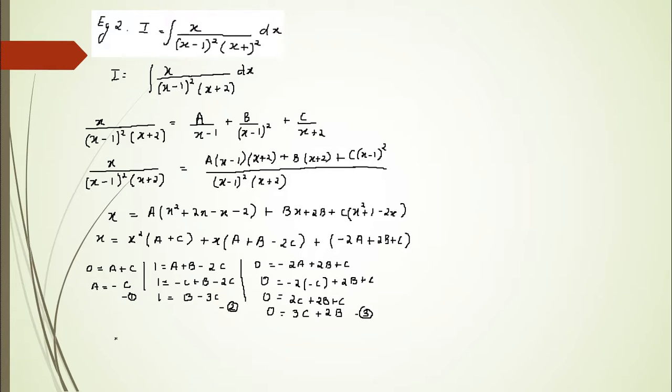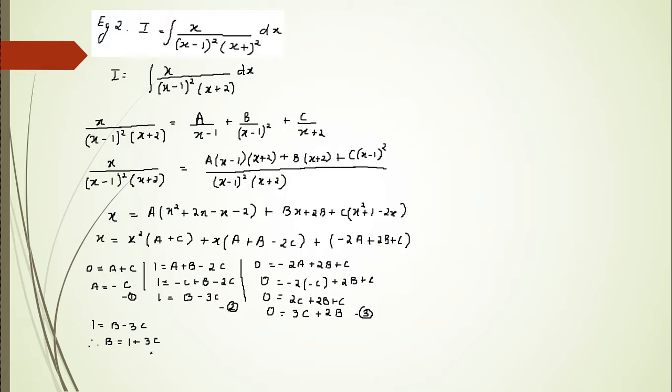Now from equation 2 and 3: from equation 2 I have 1 is equal to b minus 3c, therefore b is equal to 1 plus 3c.